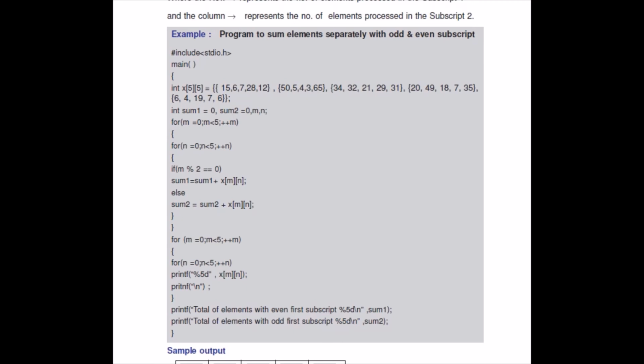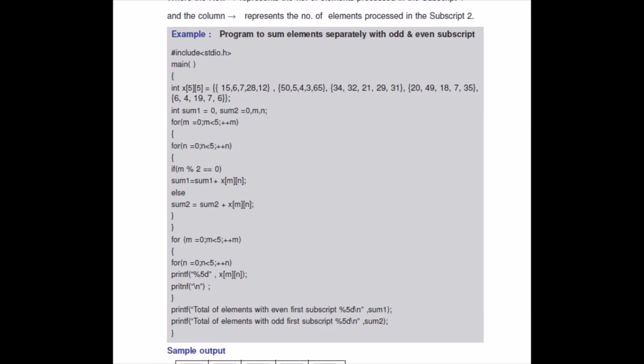Then the second line is saying int sum1 is equal to 0. We are initiating the values of sum1 0 and sum2 0, and then we are also assigning two new variables m and n, and we are deciding a condition for. Then there is also a nested loop.